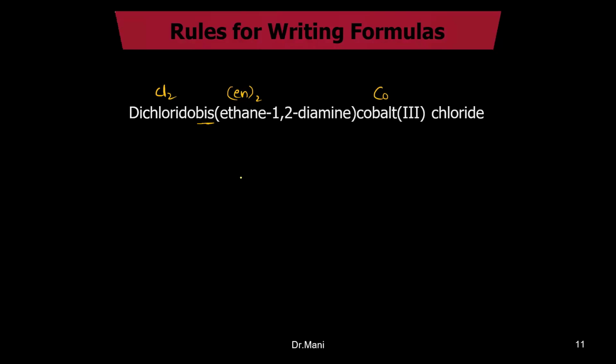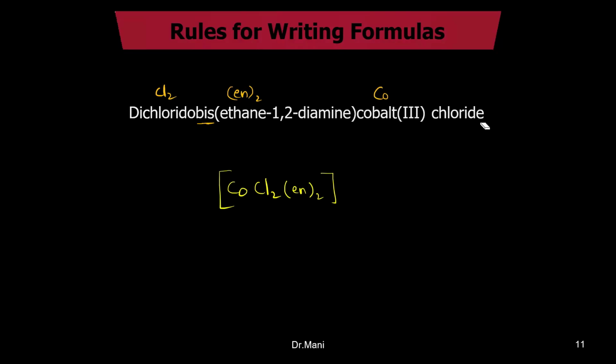Cobalt, so the Co. Next, followed by dichloro, alphabetically. So we put Cl2. Next, followed by en2. So now we will be putting it within the brackets.